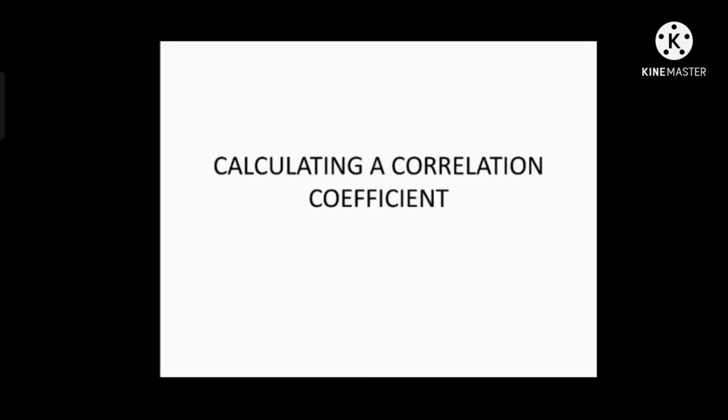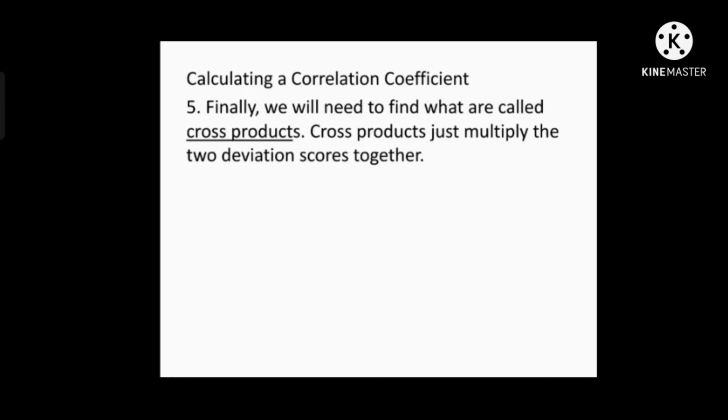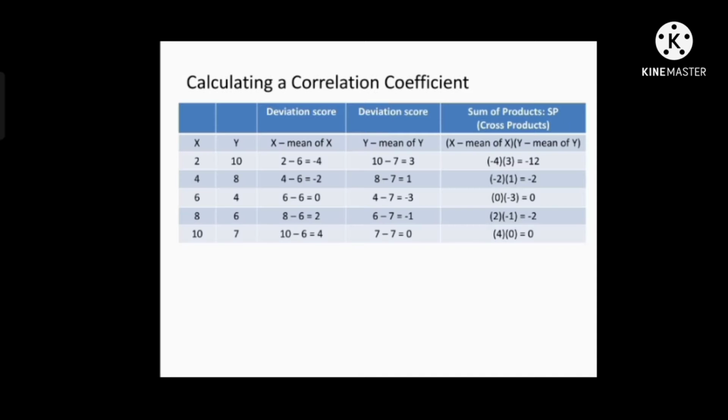Calculating a correlation coefficient. Finally, we will need to find what are called cross products. Cross products just multiply the two deviation scores together. So, the deviation scores are x minus mean of x, and for y, y minus mean of y.